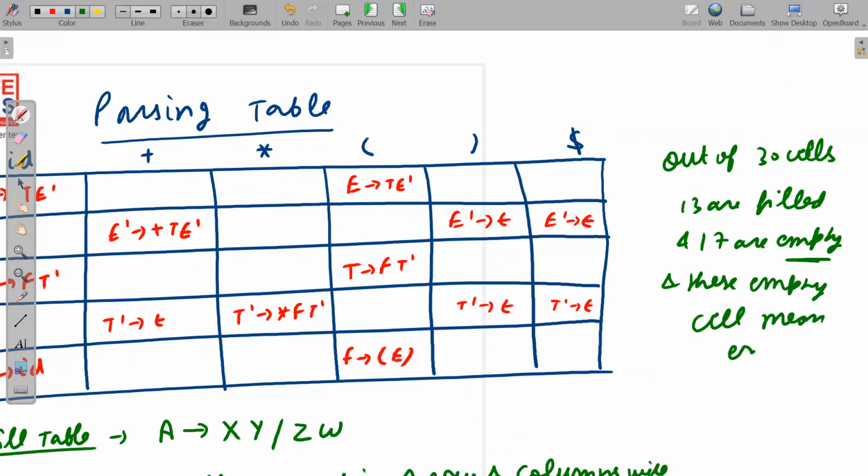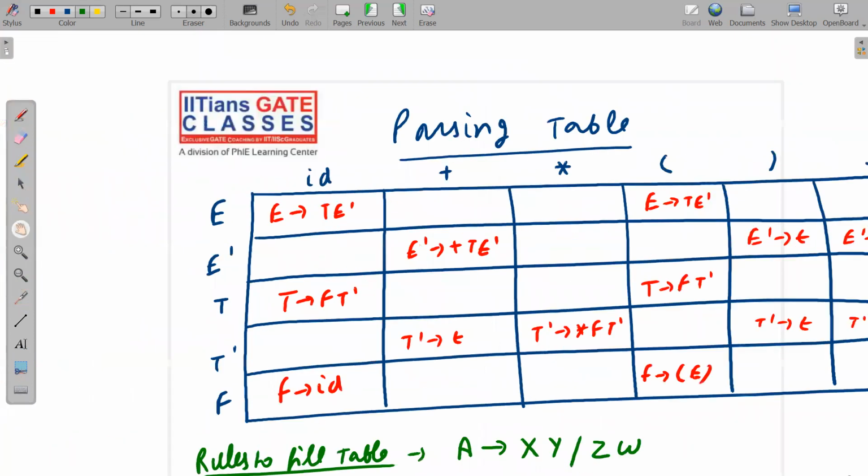This cell means error. So directly, indirectly, what I want to say is, if we are on E and we read plus from the string, then we will say error message. We will say on E plus cannot be read. I hope I have made the point clear. And on E, whenever star is read, we will say error message.